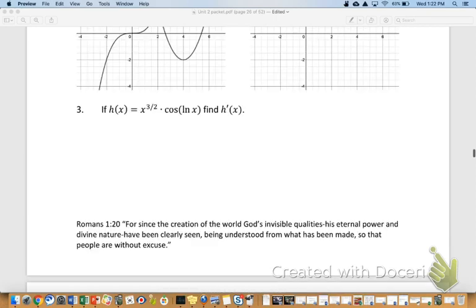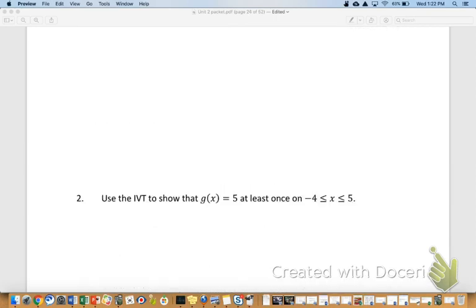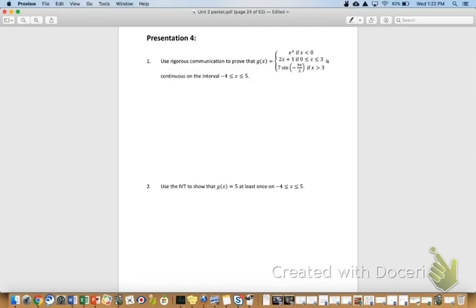Yeah, presentation 4 is a continuity question and an IVT question. So I can tell you why I put this in where I did, knowing that your test was going to be next week. This is a great test review, couple of questions. So yeah, this is definitely unit 1. Okay.